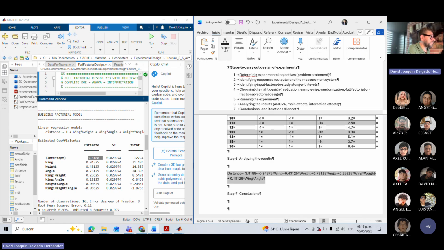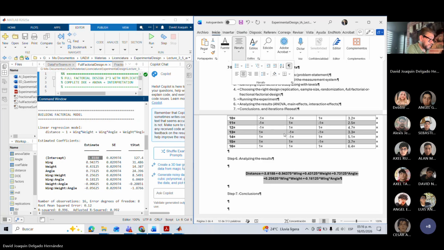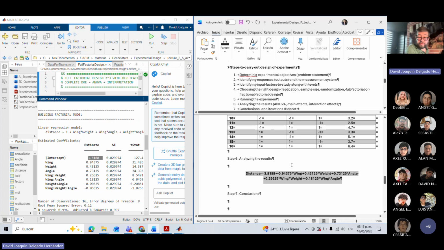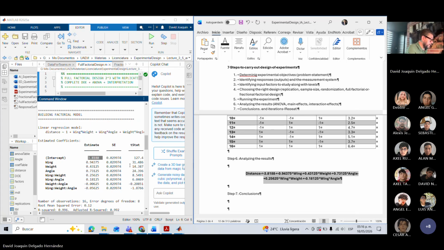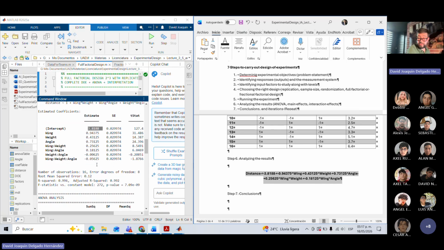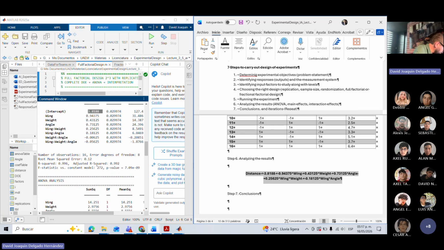So let me put this in bold and in the center. That is my result. I have taken these coefficients from the analysis carried out in the Matlab software. So look, the R squared is 0.996, which is very close to 1.